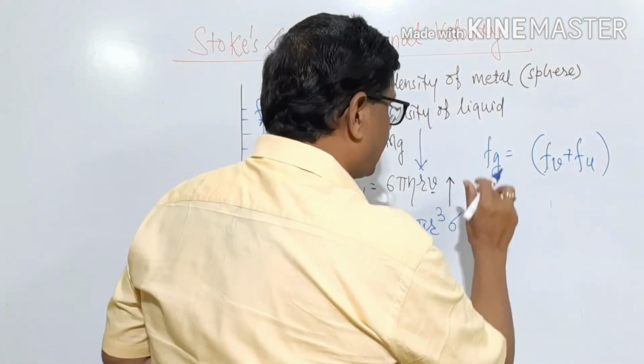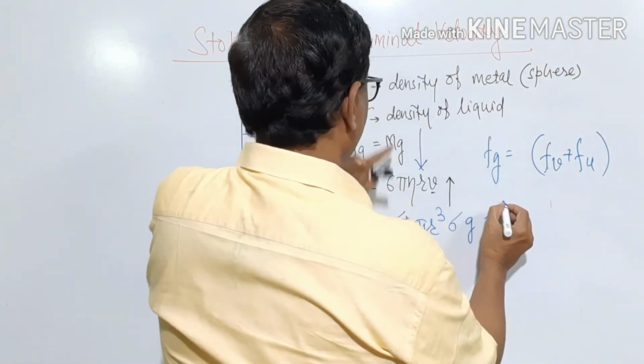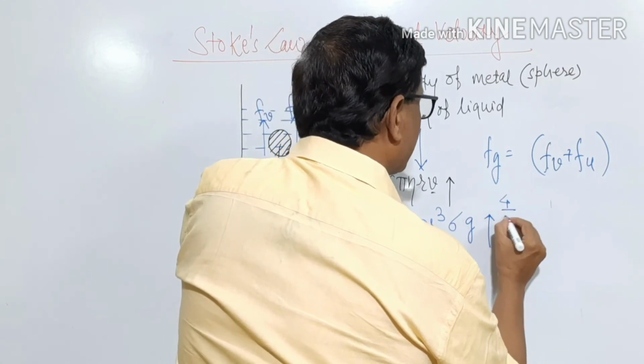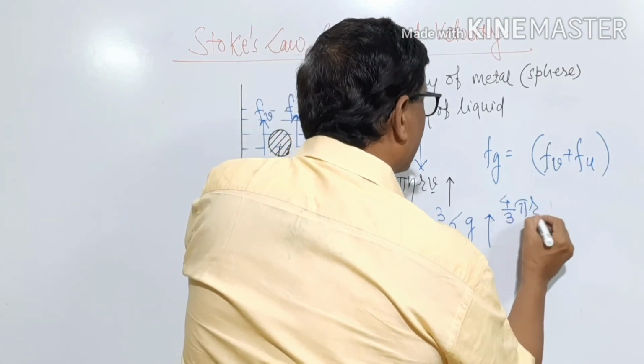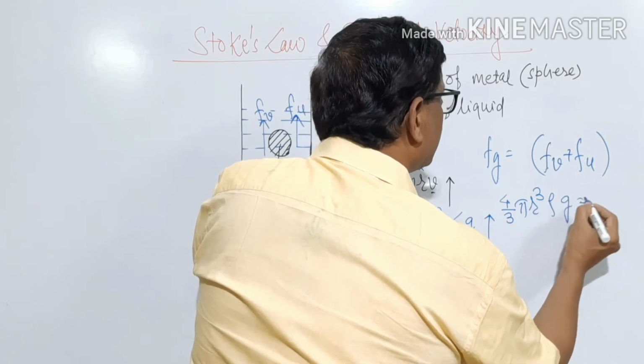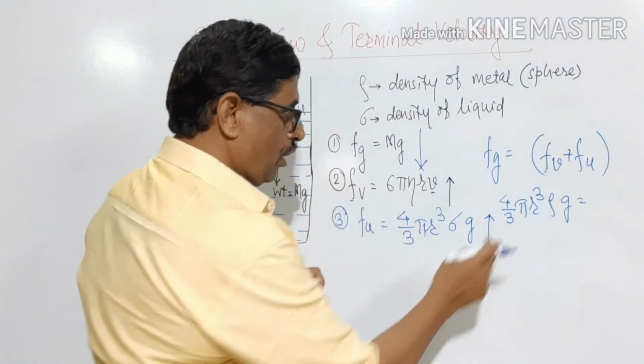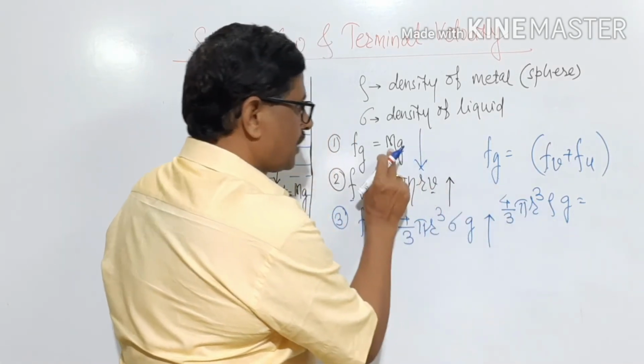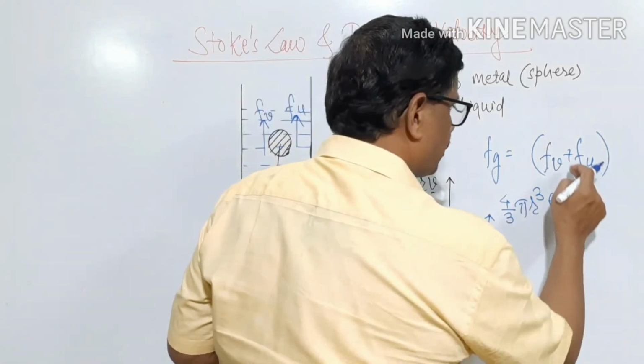Now, in this condition, the weight is m into g, but actually m is 4 by 3 pi r cube, the volume, into density into acceleration due to gravity. Volume into density is the mass, m, into acceleration due to gravity.